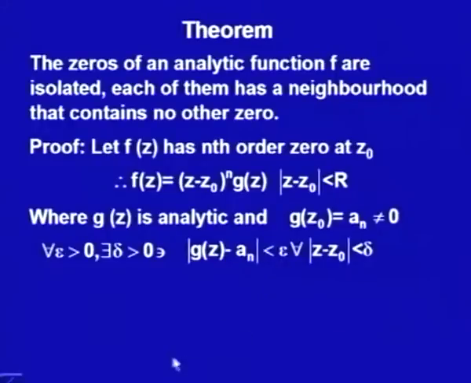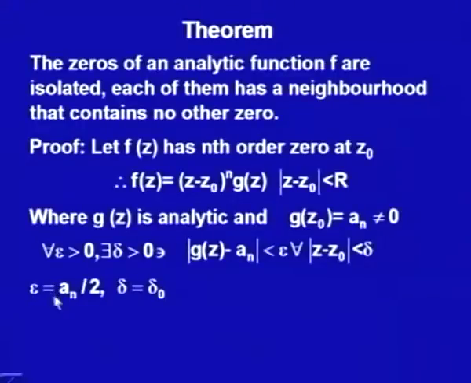Now, choose this epsilon as aₙ/2, and suppose for that epsilon the delta is δ₀. The definition says for every epsilon there does exist a delta, so I have chosen epsilon as aₙ/2, and the delta would be δ₀. Here I should actually have chosen epsilon as |aₙ|, because if aₙ is negative, epsilon should be a positive quantity.